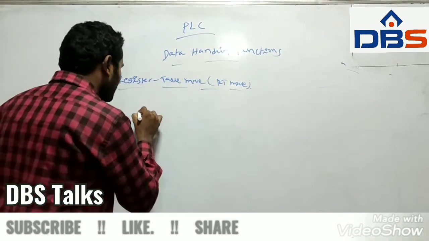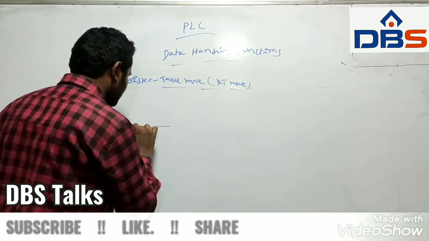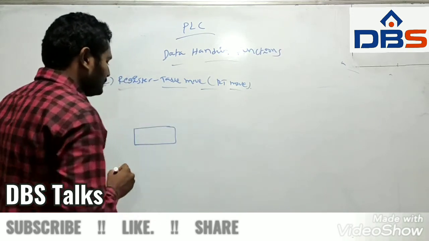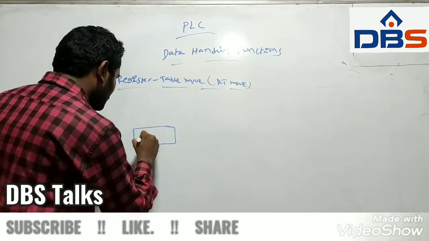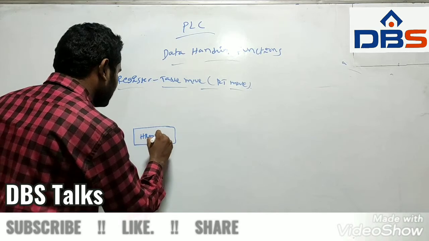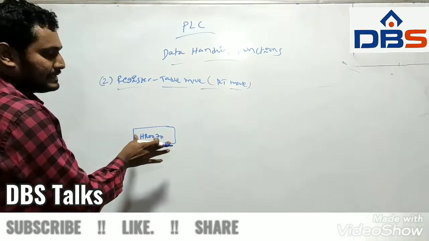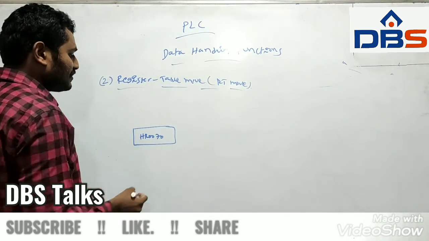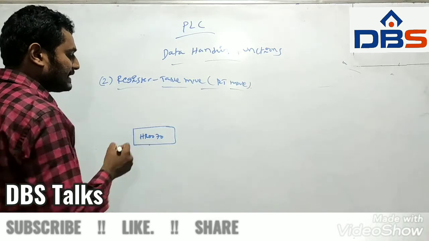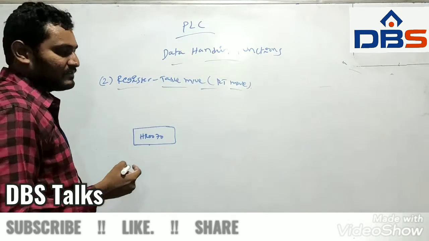So here I am taking one single register, that is HR0070. This is the single register. From this one we have to move this single register's data into consecutive registers.